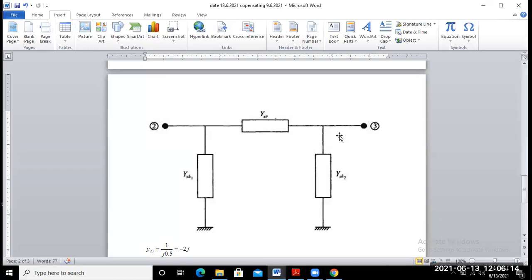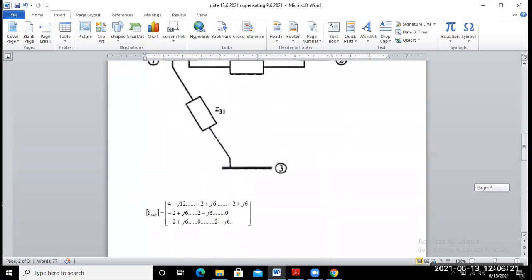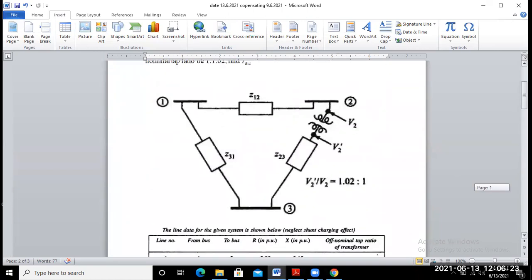So we divided this problem in two parts. In the previous class, without the connection between bus number 2 and 3, that means without the transmission line and regulating transformer connected between bus number 2 and 3, we derived the Y bus admittance matrix.